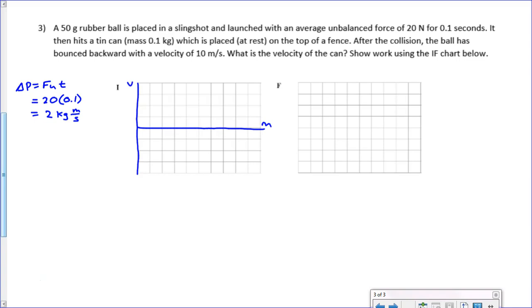So we've got a ball, and it has a mass of 50 grams, which is 0.05 kilograms. All right, and we know that it has a momentum of 2 kilogram meters per second.